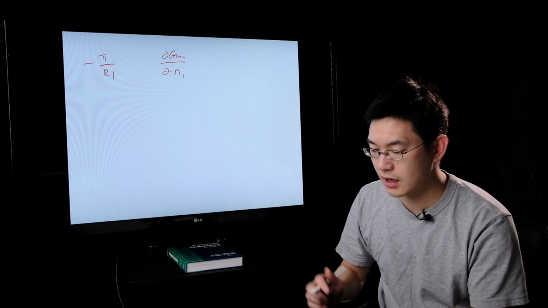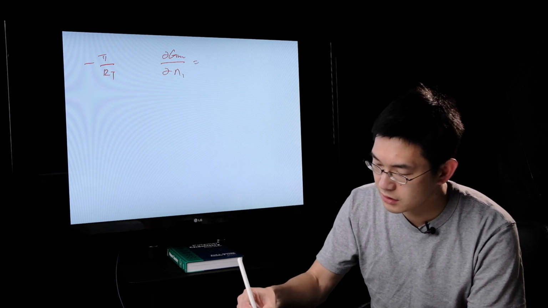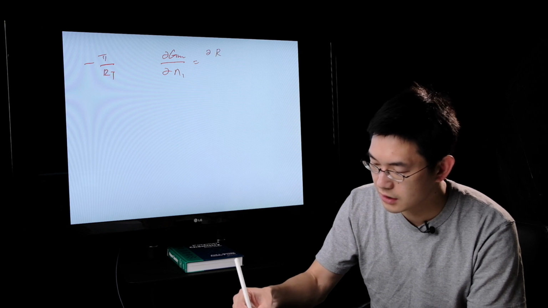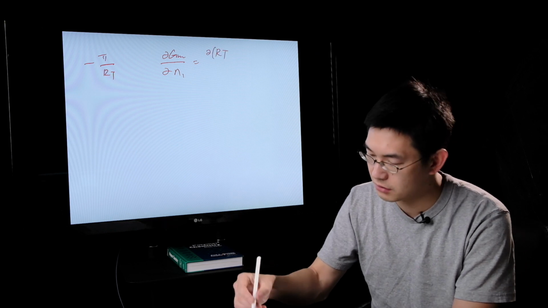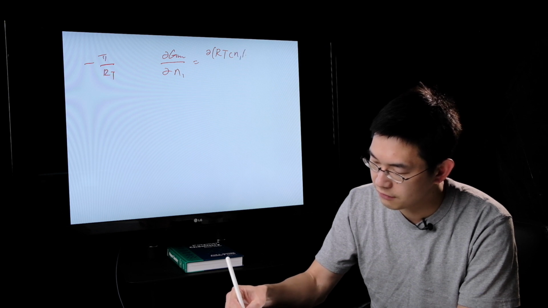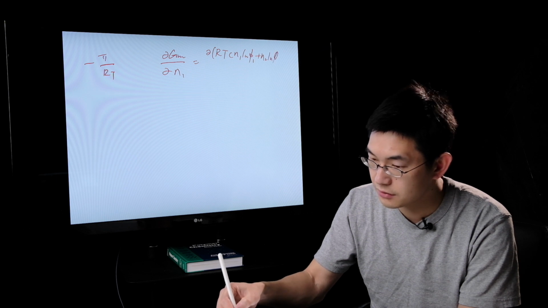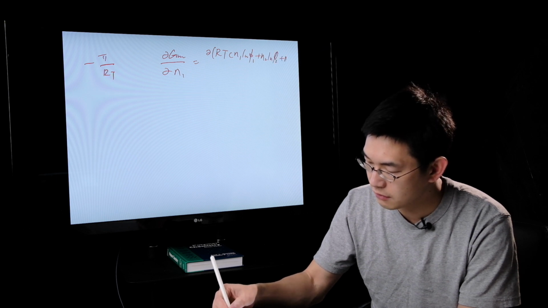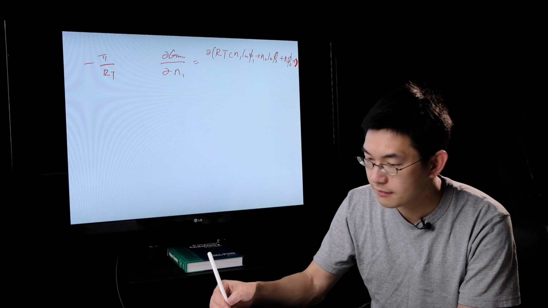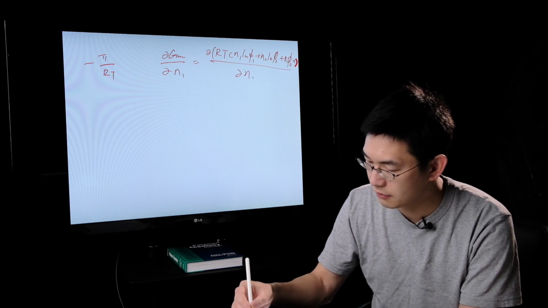Those we have defined in the past, right? So essentially, what you need to do is to take a partial derivative of the long equation I showed. It's going to be RT times N1 log phi 1 plus N2 log phi 2 plus N1 phi 2 chi. Then you need to take the partial derivative with respect to N1.